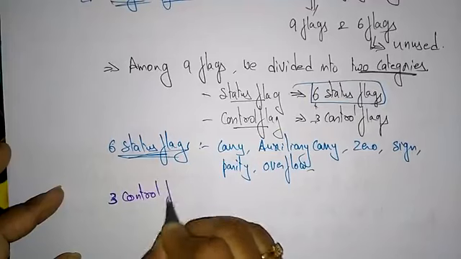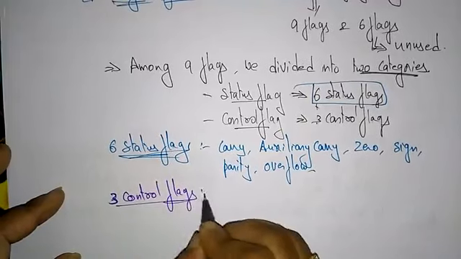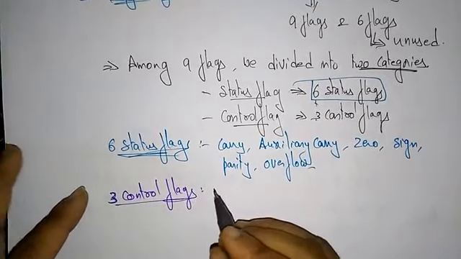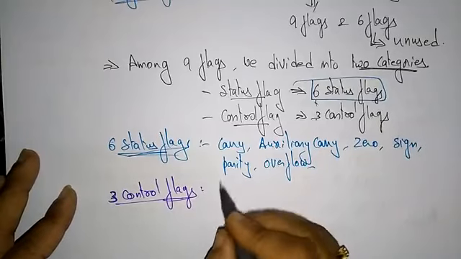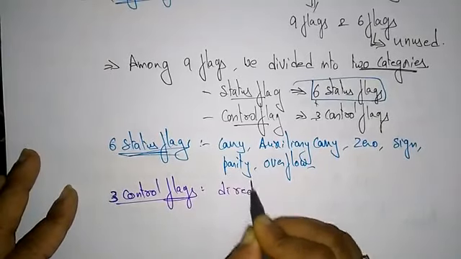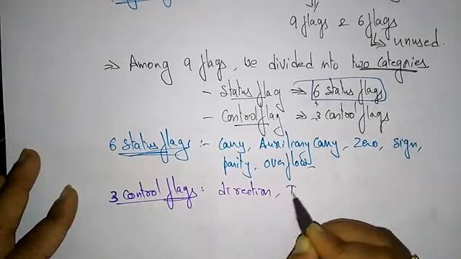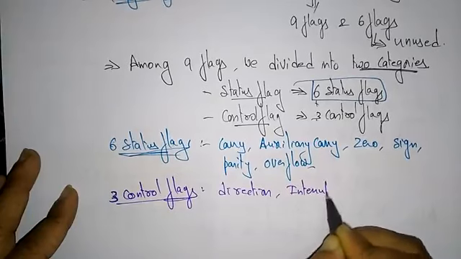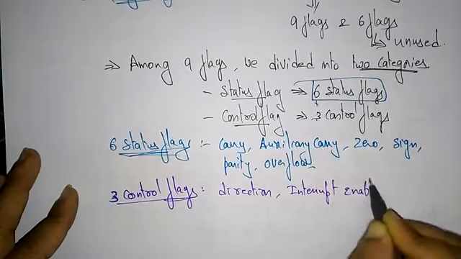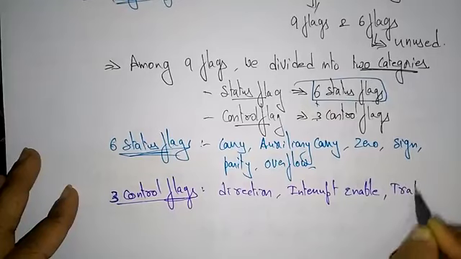And the 3 control flags, controlling the operation, are direction flag, interrupt enable flag and trap flag.